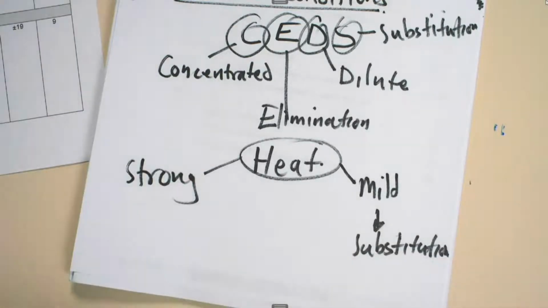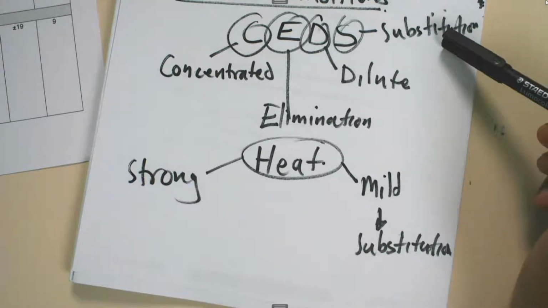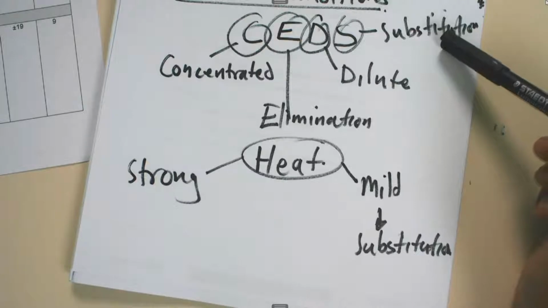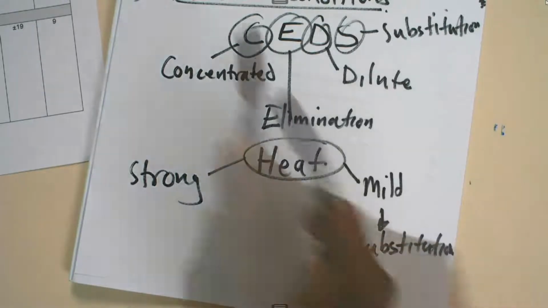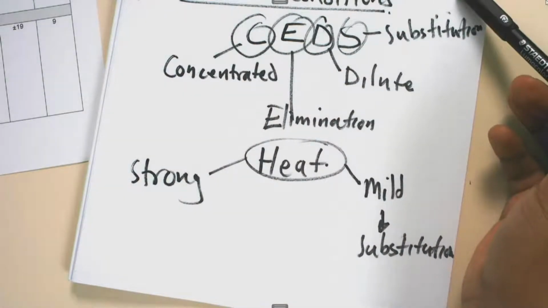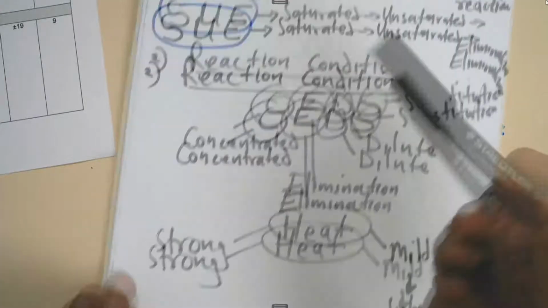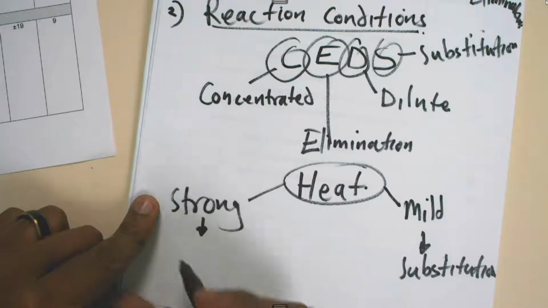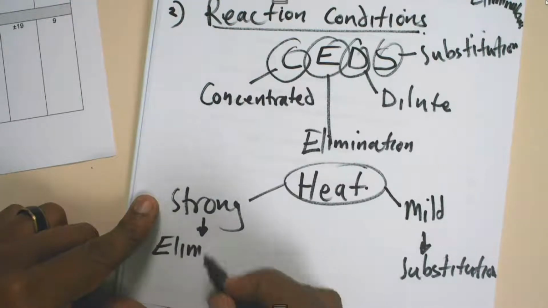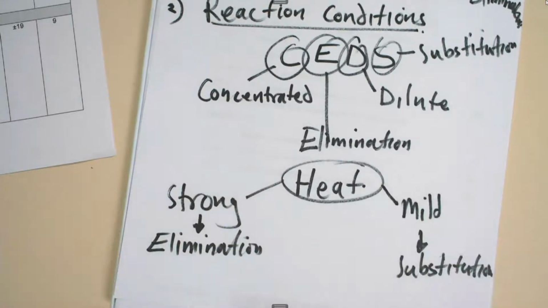So once I have identified that I am going to use a dilute strong base for substitution, the other reaction condition that must be given is mild heat. If I have identified that the reaction is elimination and I am going to use concentrated sulfuric acid, the other condition that follows should be strong heat. Can you see that? Because strong goes hand in hand with elimination.